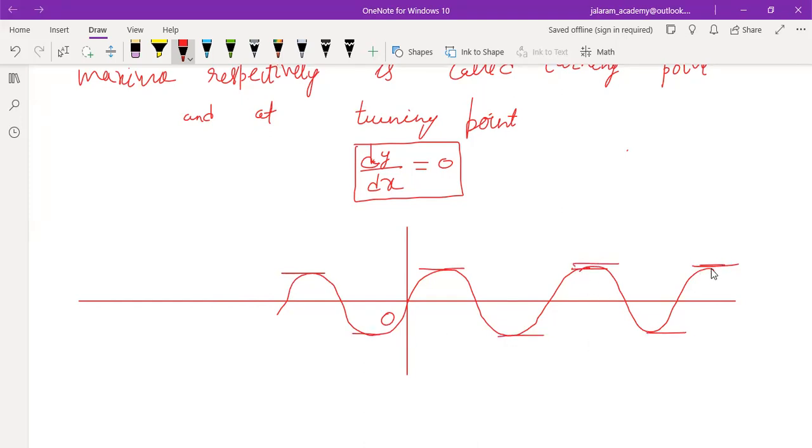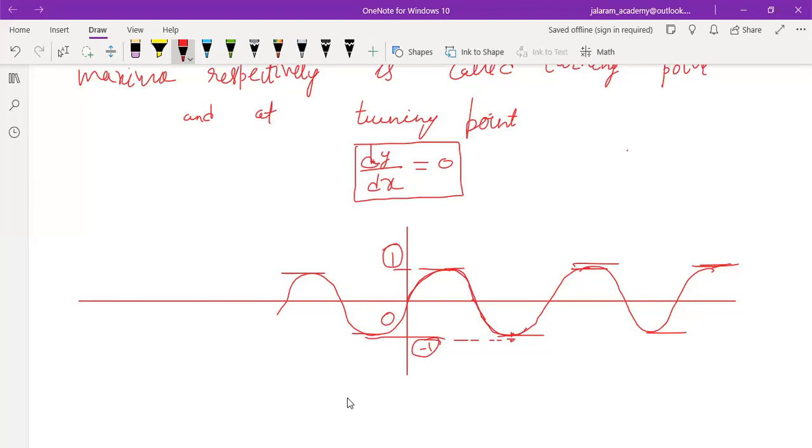These all are points of maxima where the curve changes their tendency from increasing to decreasing. And the points where the curve changes property from decreasing to increasing are the points of minima. This is y equals to -1, this is y equals to 1. So y equals to 1 is the maximum value of sin x and y equals to -1 is the minimum value of f(x).